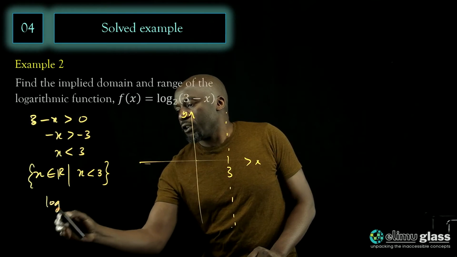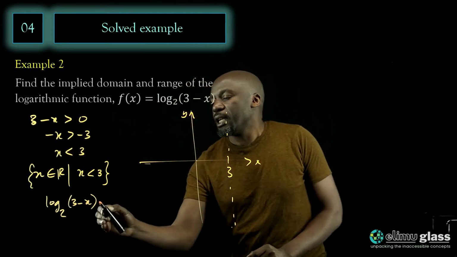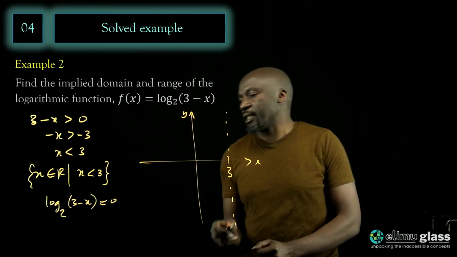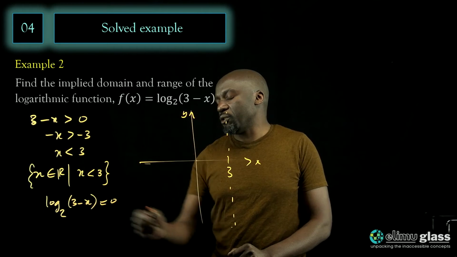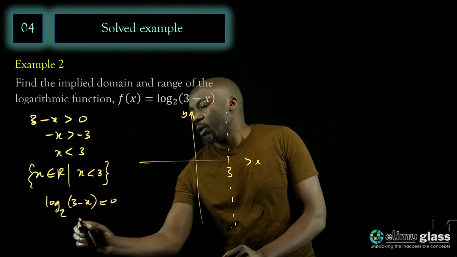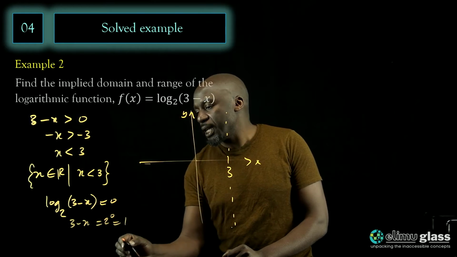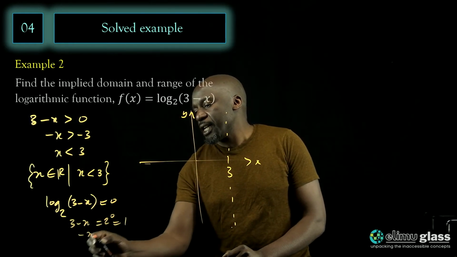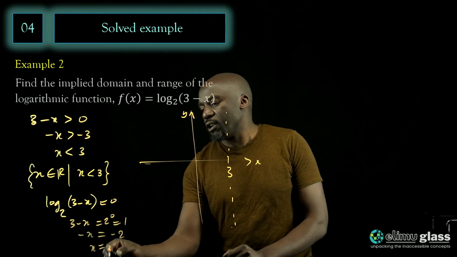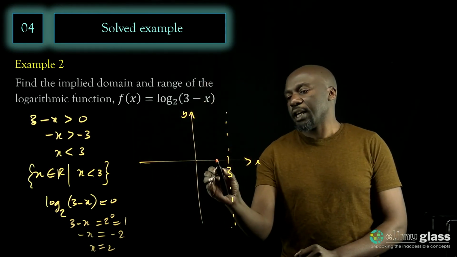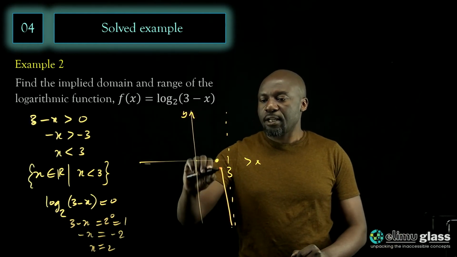So log to base 2 of 3 minus x must be 0 at the x-intercept. If we change to index notation, we get 3 minus x is 2 power 0, which is 1. So minus x equals negative 2, so x is going to be 2. So this graph crosses the x-axis at 2, and I can draw that like that.